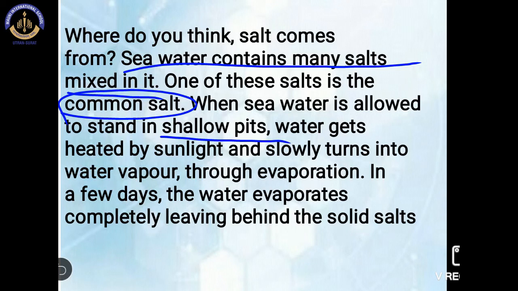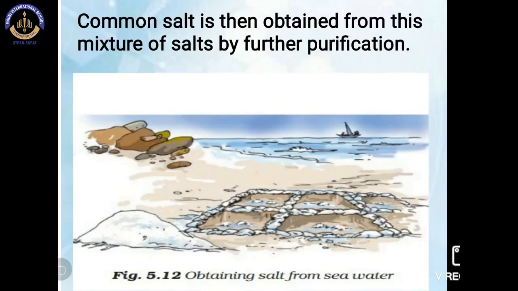In a few days, the water evaporates completely, leaving behind the solid salts. So by the evaporation process, we have only the solid form of salt inside the shallow pits, meaning ground holes. Common salt is then obtained from this mixture of salts by further purification.